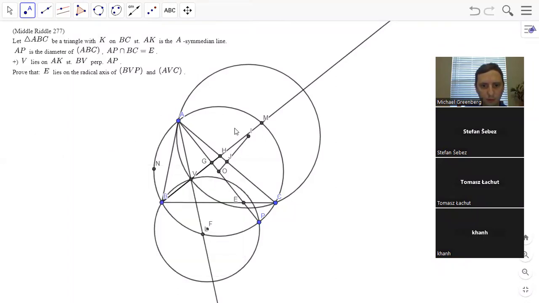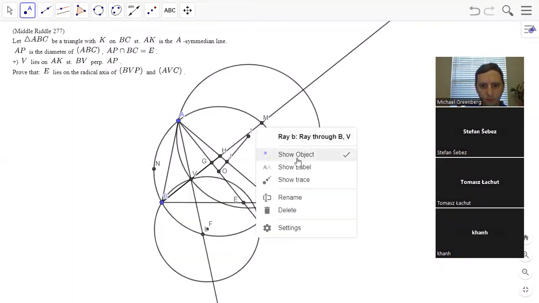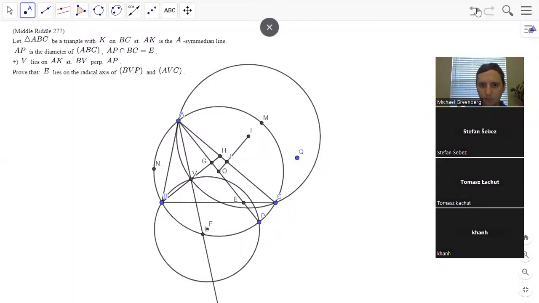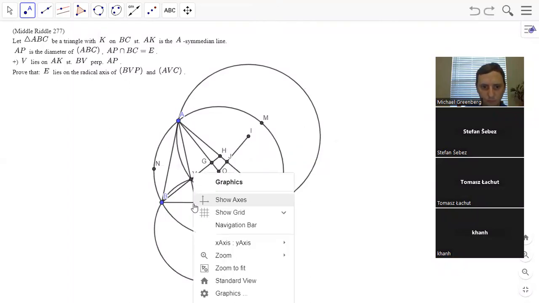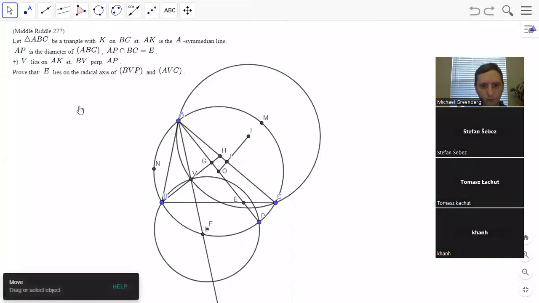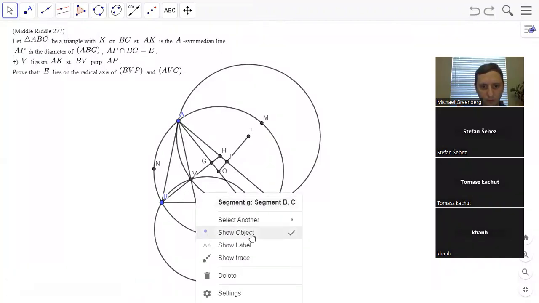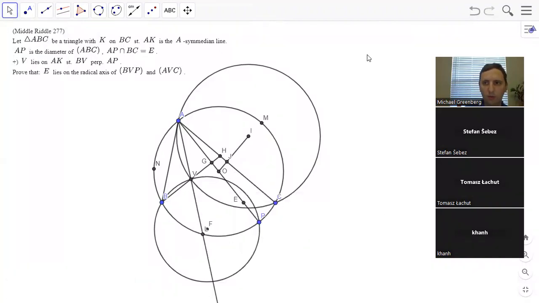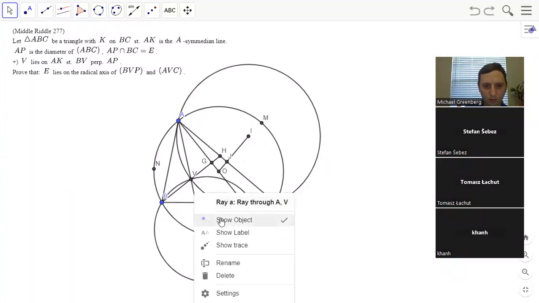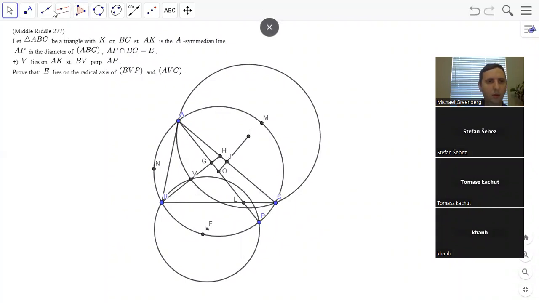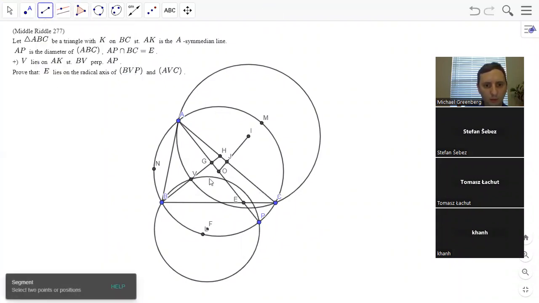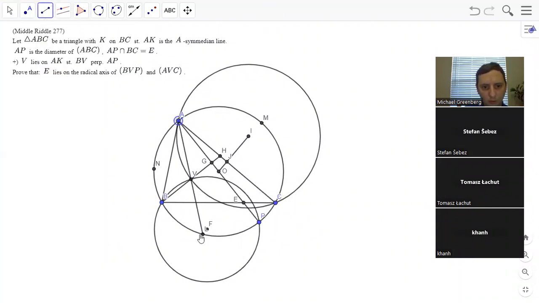So the inversion swaps A with L, since VA times VF is the power of V, and it swaps C and N. So it must turn circle VAC into line NL.